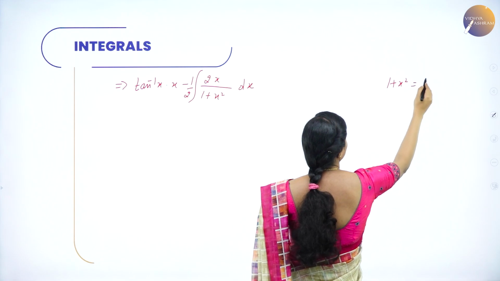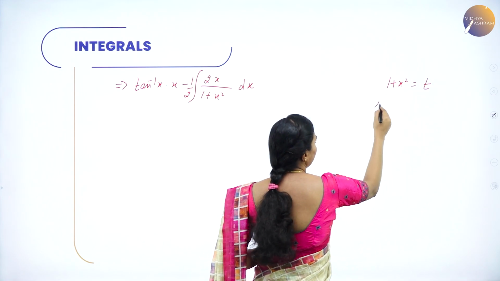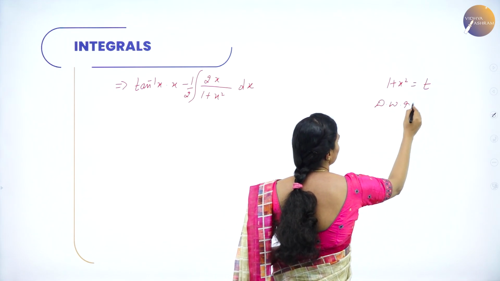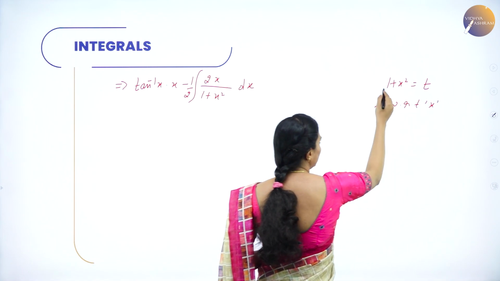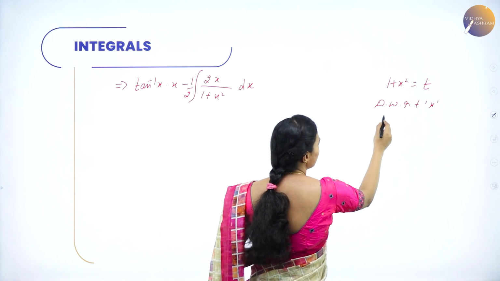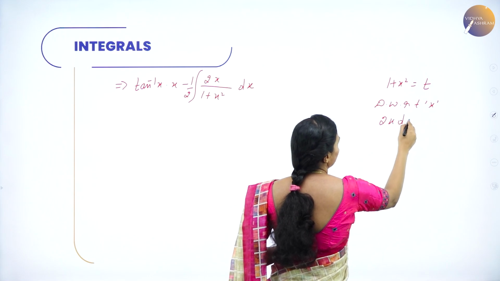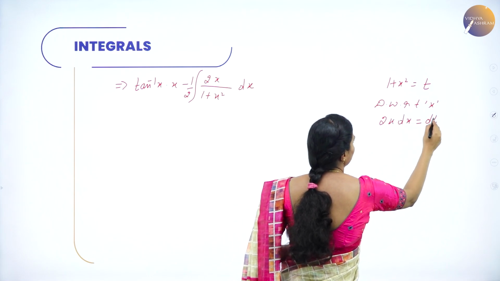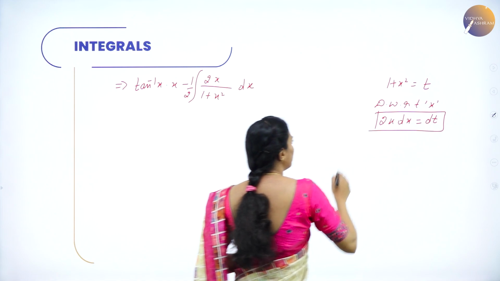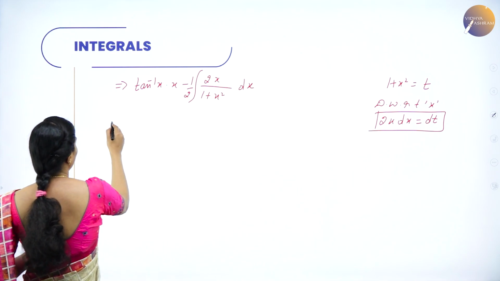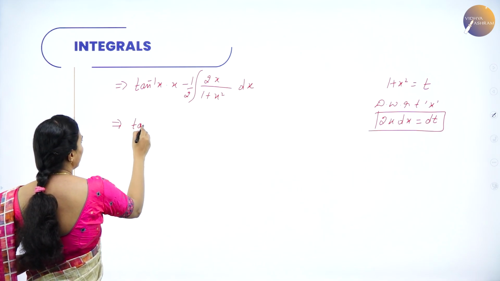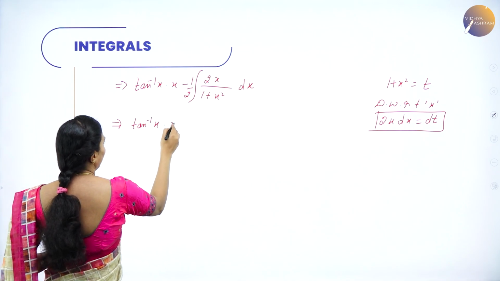If you substitute, differentiate this with respect to x, right? Differentiating 1 gives 0, differentiation of x squared is 2x, so 2x into dx is equal to dt.